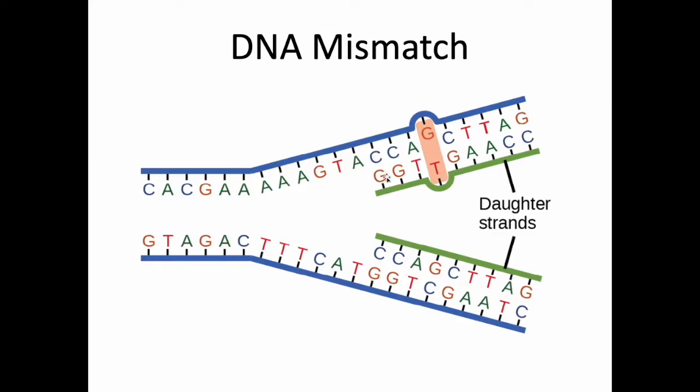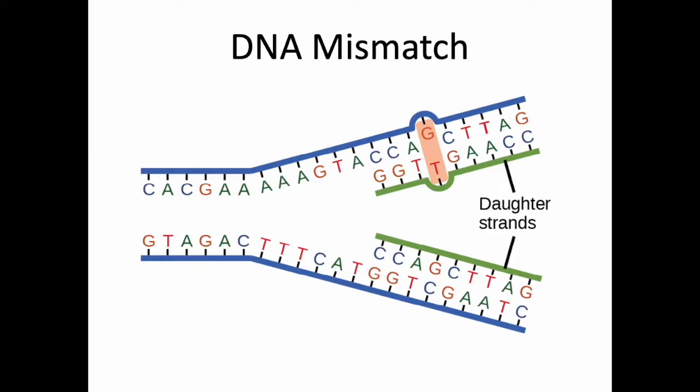And here we can see, yep, one of these is leading, one of these is lagging. The 5' 3' are not labeled here, but we got DNA daughter strands, C to G, A to T, oopsie, G paired with T.